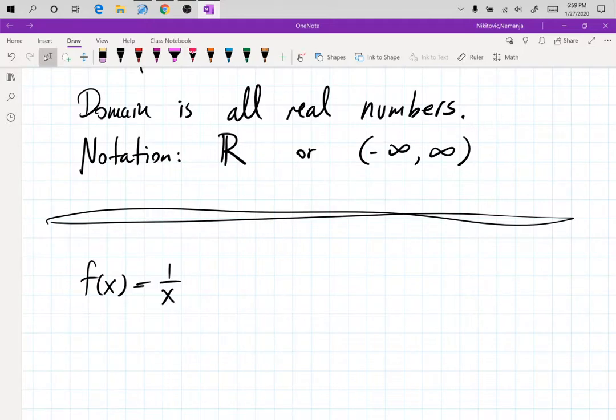So now you have 1 pile, and you are trying to divide that 1 pile into 0 piles. It makes no sense. That's why you can't divide by 0, right? Because we cannot divide by 0, we have a problem like this that will exclude 0 and include every other number.